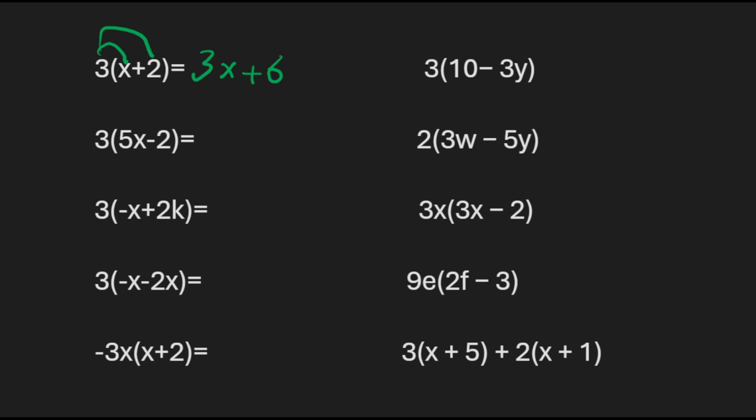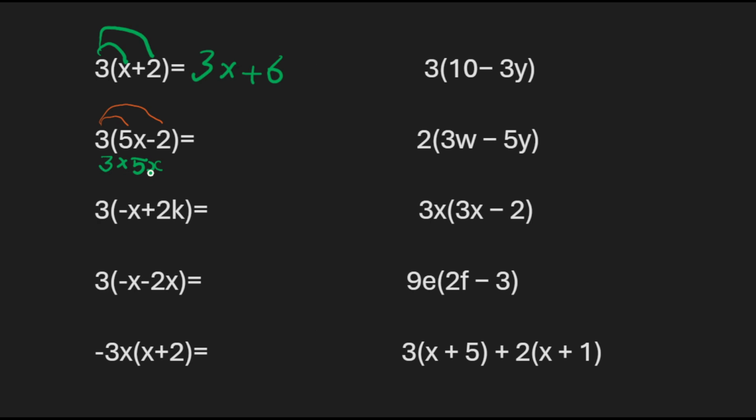Now let's look at the next one down here. 3(5x - 2). So it means 3 times (5x - 2). So we'll do this, multiply here and multiply there. So what's 3 times 5x? Now this is another problem. Many students don't know how to do that. So 3 times 5x.